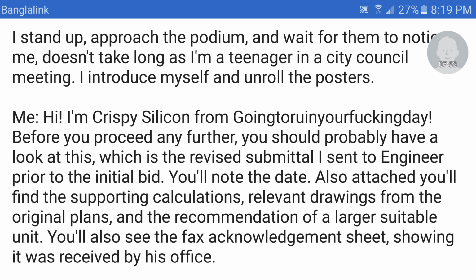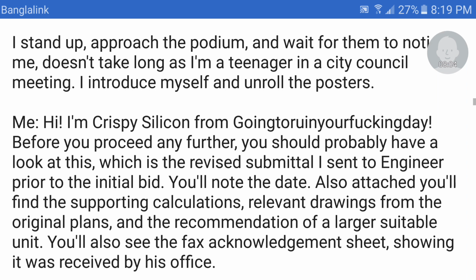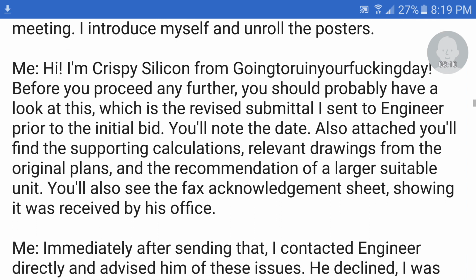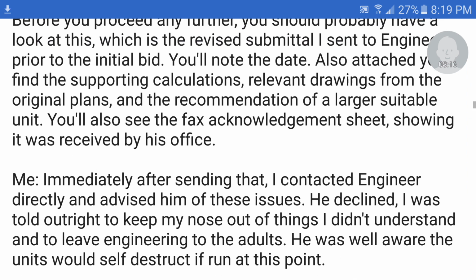You'll note the date. Also attached you'll find the supporting calculations, relevant drawings from the original plans, and the recommendation of a larger suitable unit. You'll also see the fax acknowledgement sheet, showing it was received by his office. Me, immediately after sending that, I contacted the engineer directly and advised him of these issues. He declined.